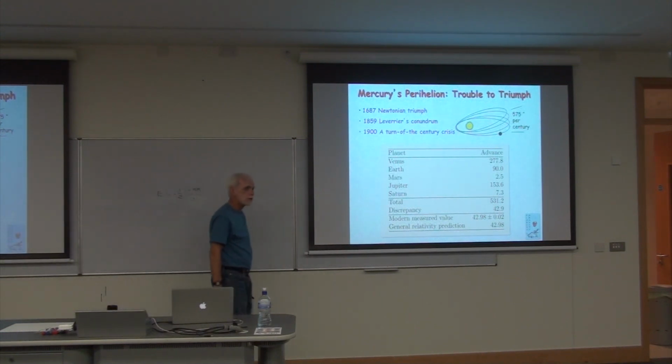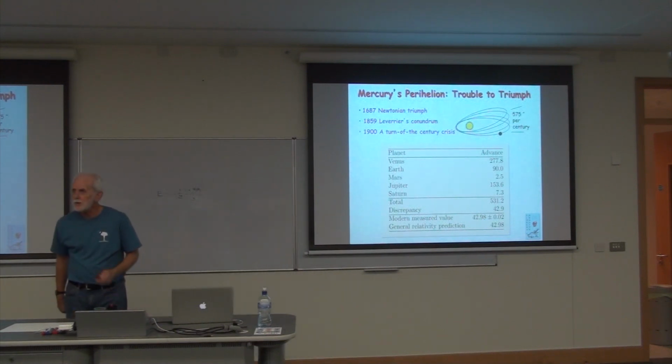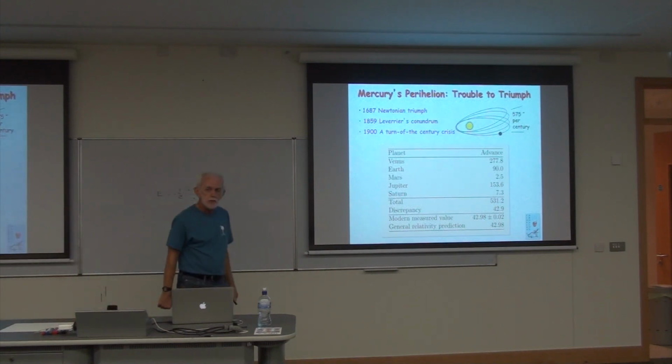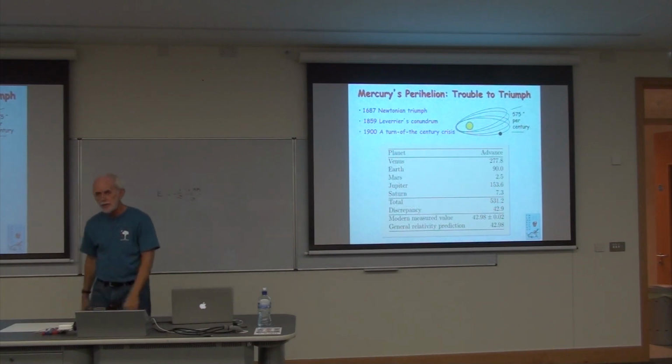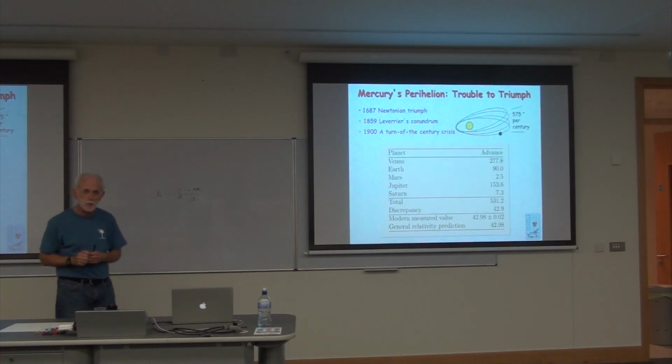But now that he had a secure position, he had tenure, roughly speaking, he could publish something else that had been bothering him since 1843. Because he was also looking at Mercury and doing exactly the calculations that we did on the previous view graph, working out the perturbations of Mercury's orbit due to all the other planets. And by the middle 1800s, the measured perihelion precession of Mercury was well established.